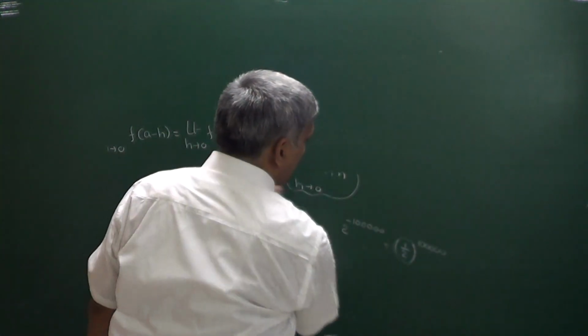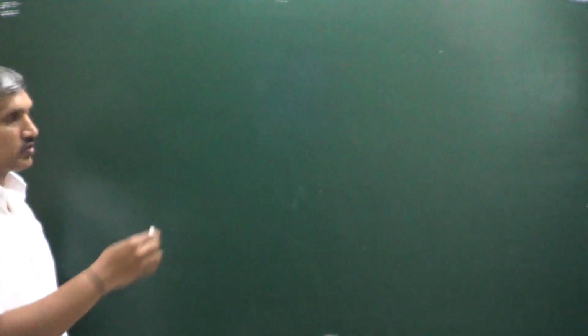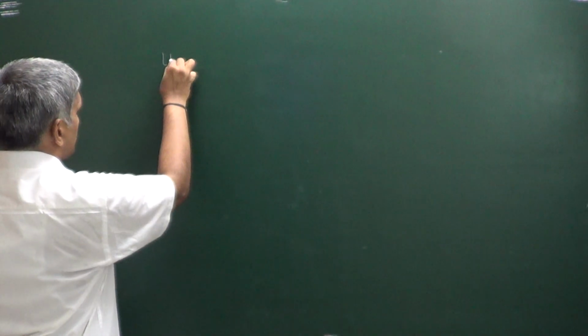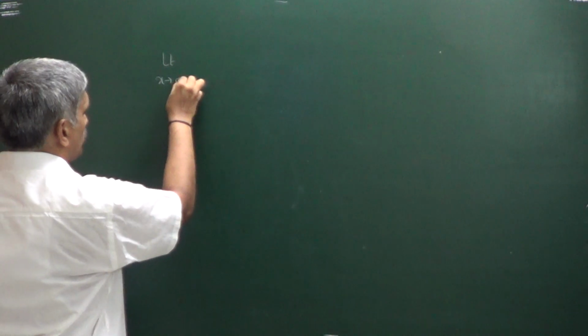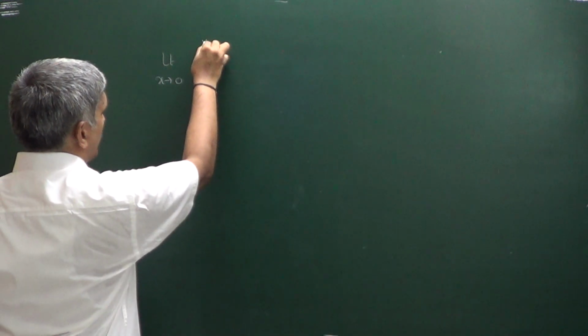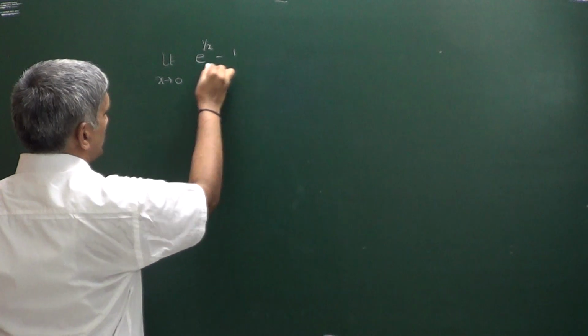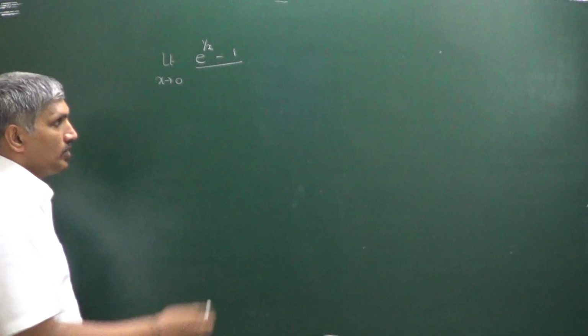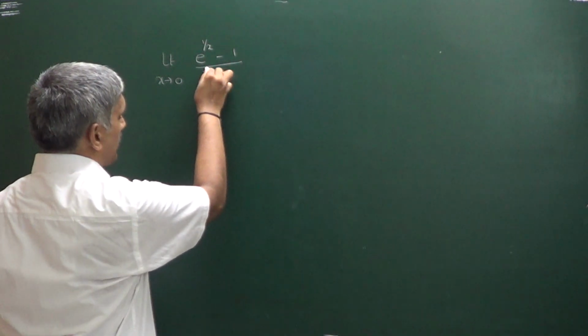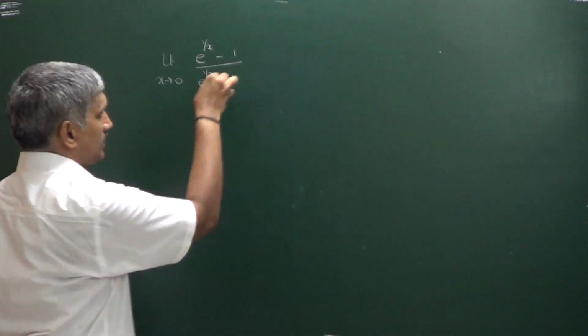Now you can observe another question here. The question is given in this way. Limit x tends to 0, e to the power of 1 by x minus 1 divided by e to the power of 1 by x plus 1. We want to find that limit.